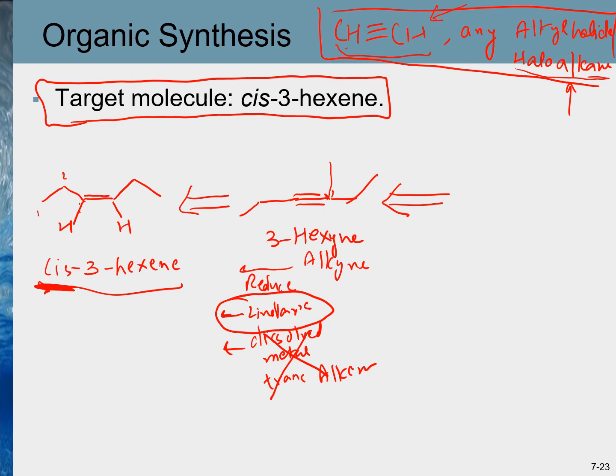We can prepare this with the alkylation anion reaction from this one, because in the beginning of this chapter we learned that the internal alkynes can be prepared by the terminal alkyl anions.